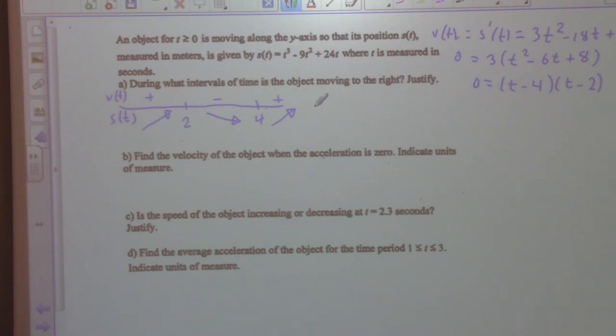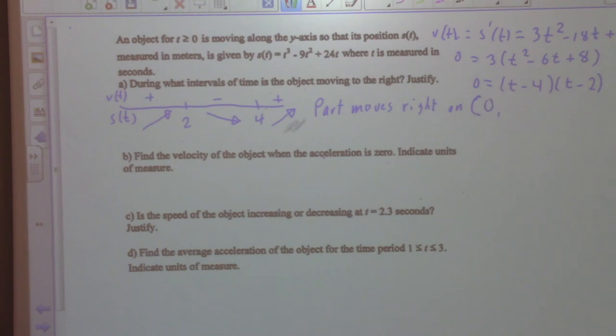So the particle moves right on what interval? Would it be negative or 0?